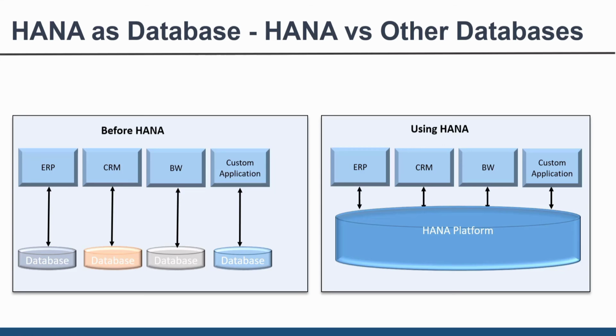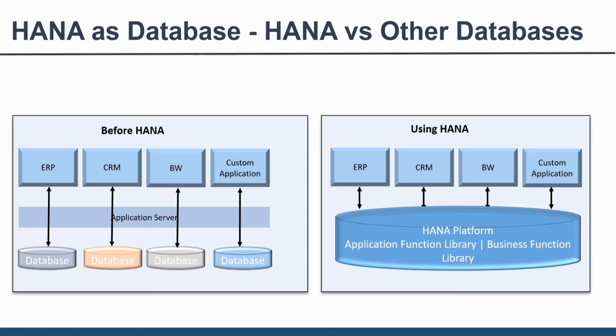There is one more difference between HANA database and other databases. If you are using any other database, then you definitely need an application server in between, which is a second layer in between. And in case of HANA platform, you can see the application layer is inbuilt within the HANA platform.